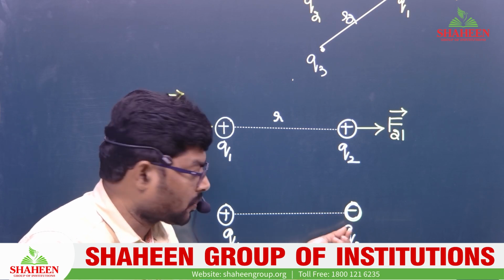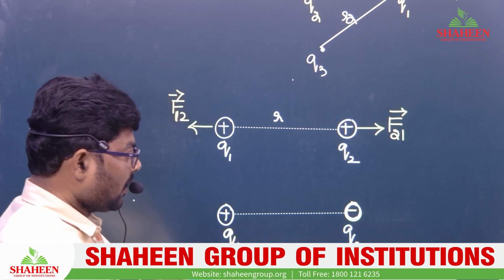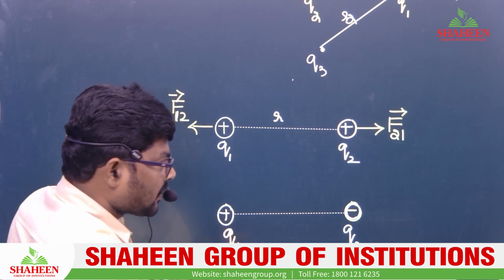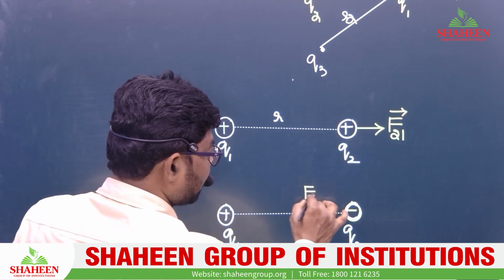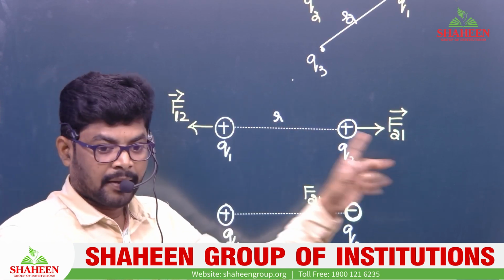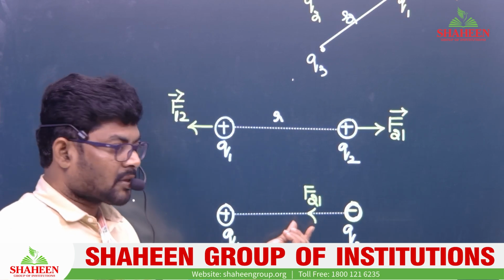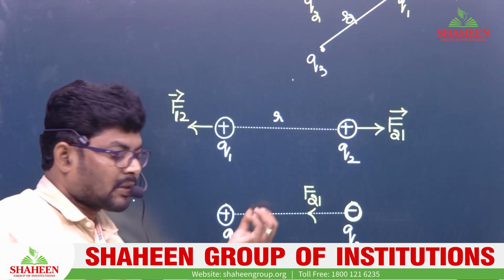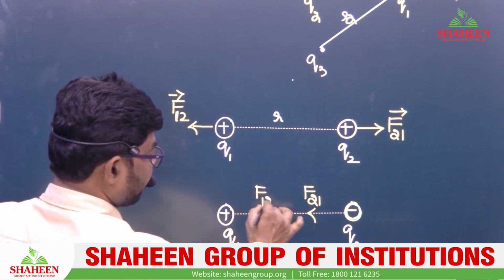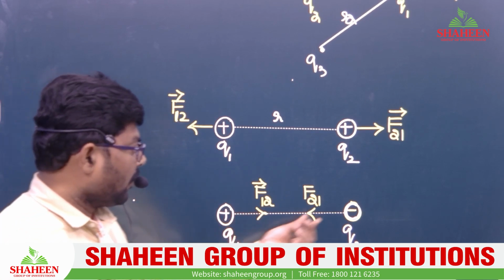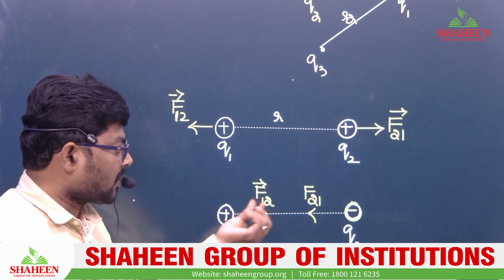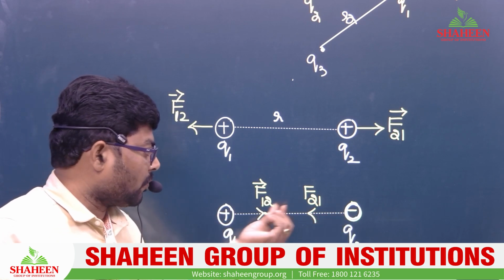Force on Q2, किसके वजह से, Q1 के वजह से. अपोजिट काइंड ऑफ चार्जेस है तो किसके वजह से फोर्स फाइंड आउट कर रहा, उसी तरफ रहता. लाइक चार्जेस है तो अवे, अनलाइक चार्जेस है तो उसी तरफ. And one more, force on 1 due to 2, उसी तरफ.